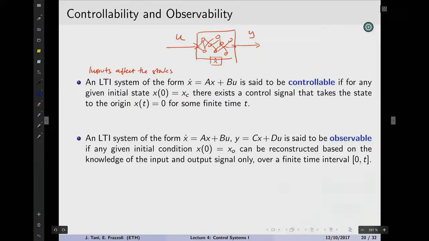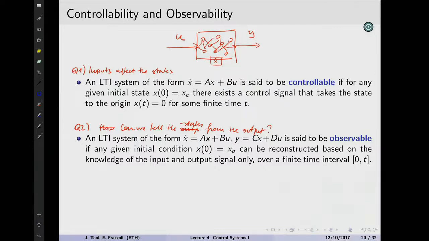This talks about how inputs affect the states. On the other side, this was question 1. Question 2 was, can we tell the states from the output? We define the concept of observability.